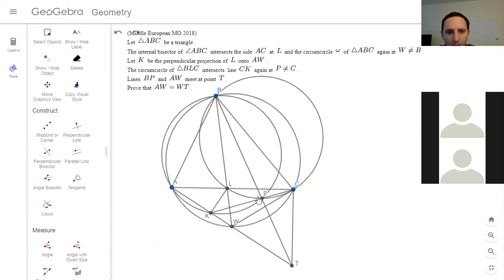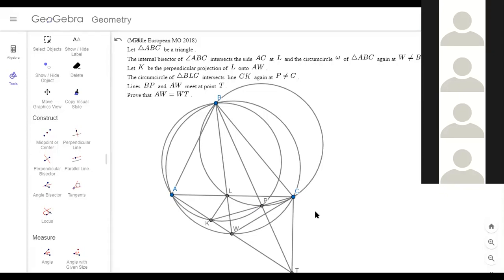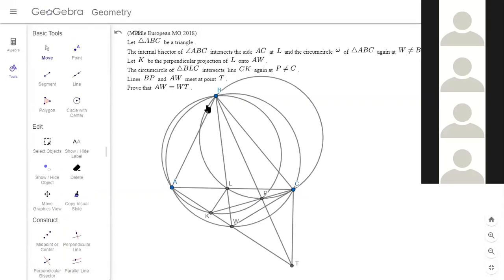Is TPK? Oh, TPK. Could you explain all the constructions you've made? Oh yeah. Hey, Sai. So I haven't done a whole lot. You have a triangle ABC. You draw the angle bisector.